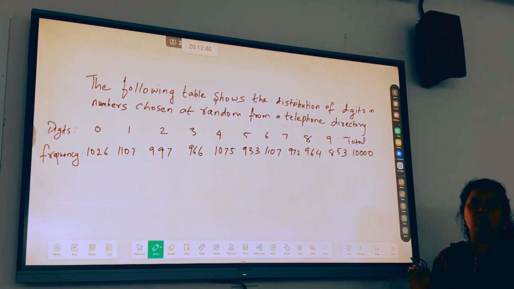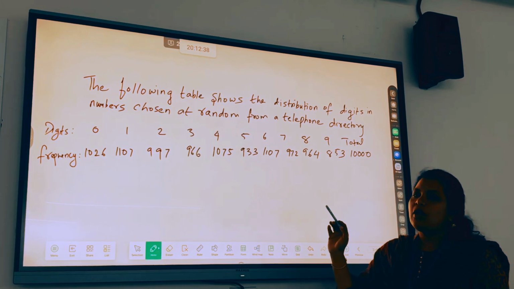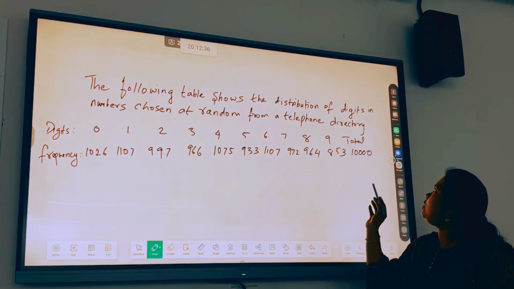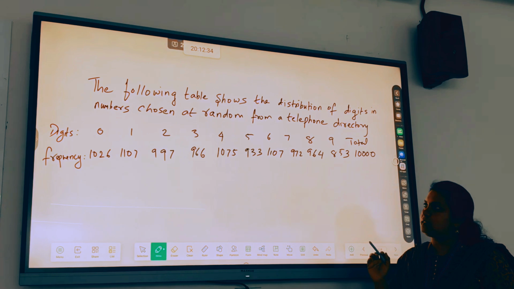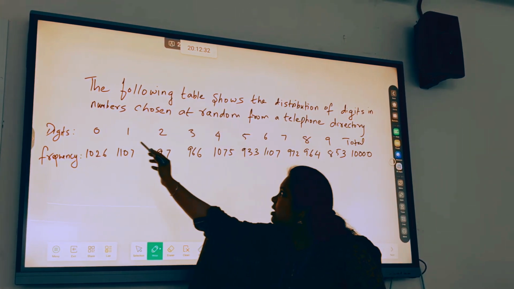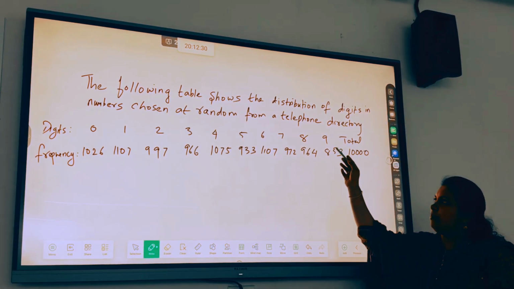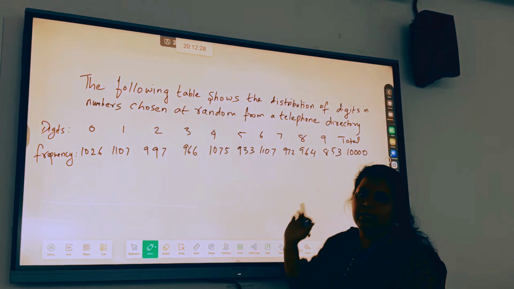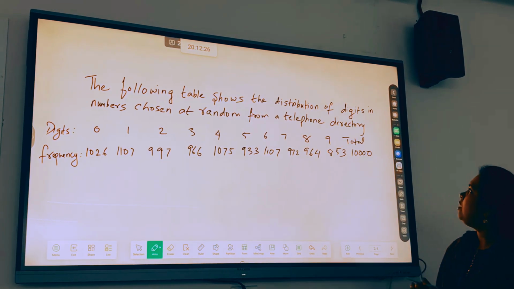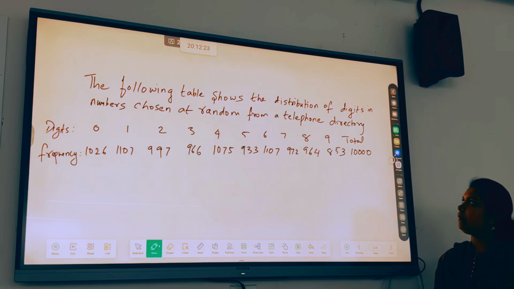This is the problem. The following table shows the distribution of digits in numbers, up to 9, chosen at random from a telephone directory.